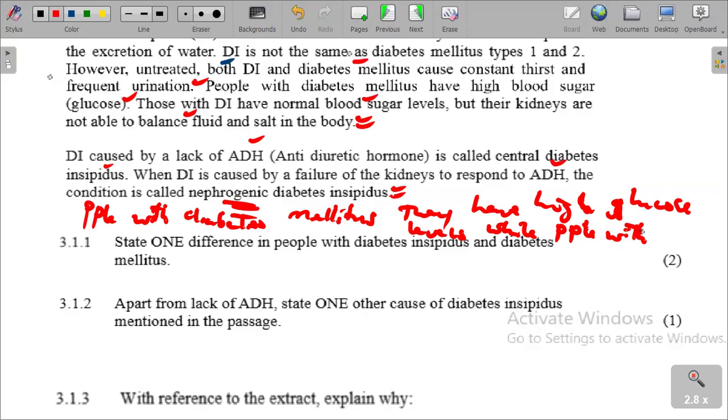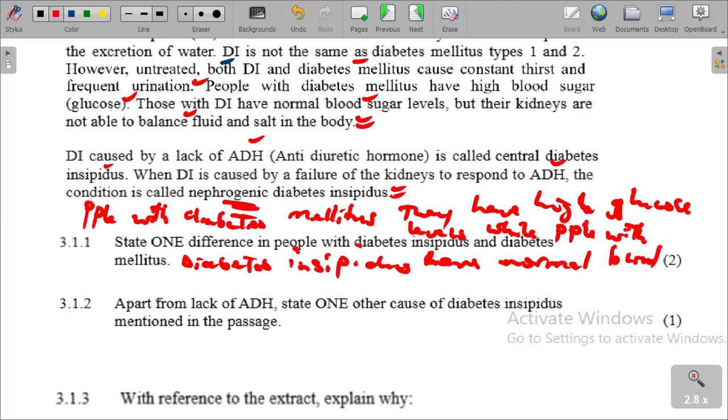We are saying that whereas people with diabetes mellitus have high blood sugar levels, people with diabetes insipidus have normal blood sugar levels. That is one thing that we can see.